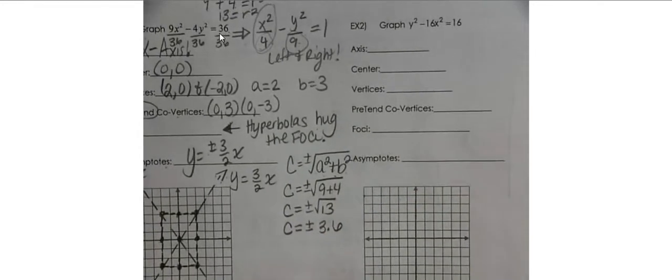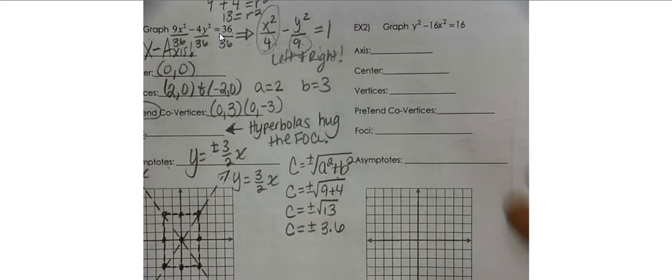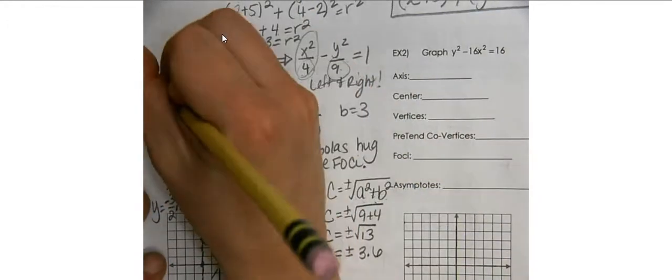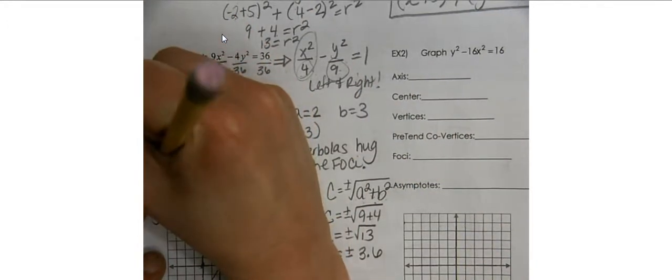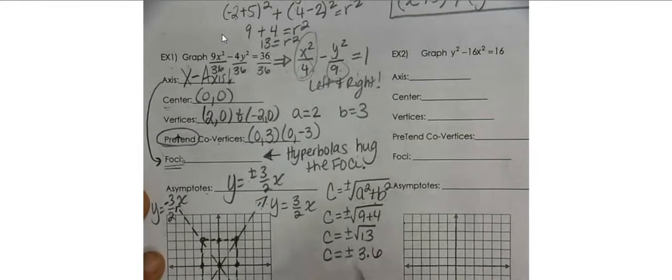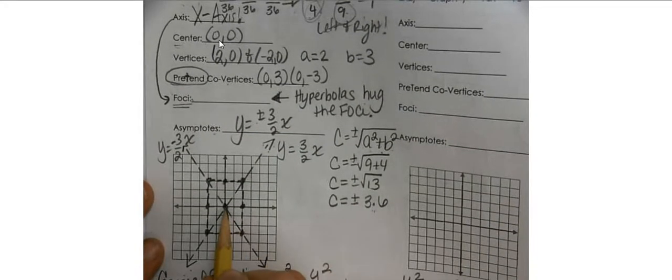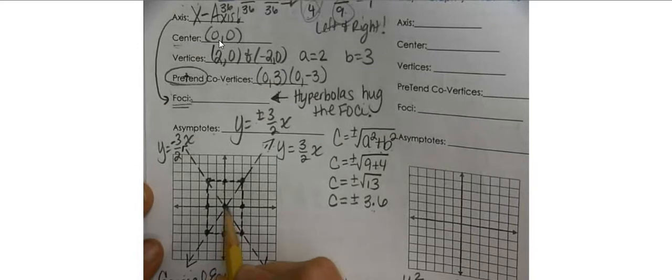So foci are always along your axes, that is your focus. In this case, it's going to be on the x-axis. So on the x-axis, I'm going to count out 3.6 units. Starting at 0, I'm going to count out 3.6 units. 1, 2, 3, and a little bit more is 3.6.